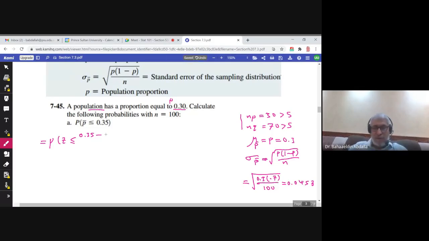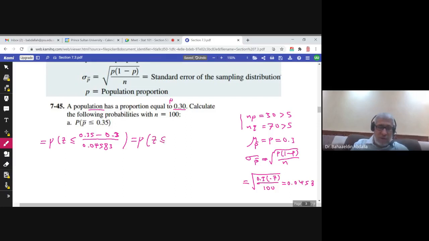decimals. 0.35 minus P is 0.3 over sigma P bar, which is 0.0458. I can say also 3. So use the calculator to simplify this.